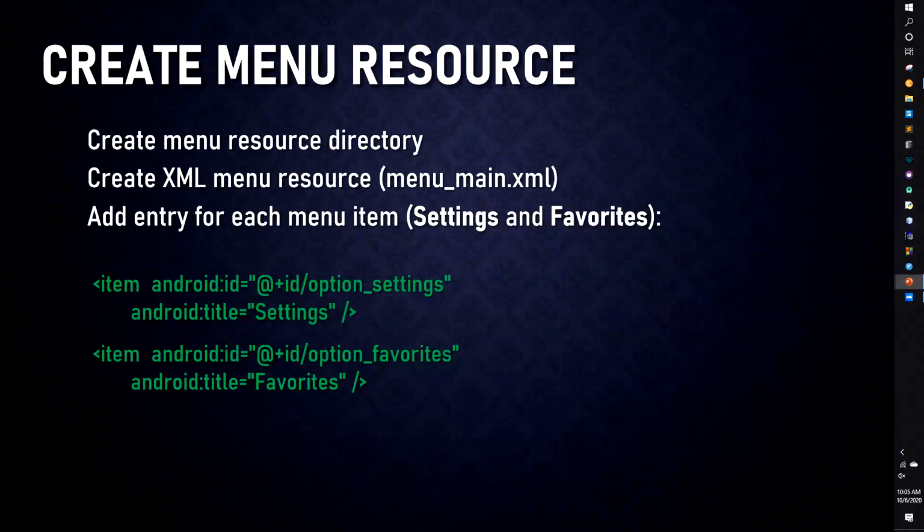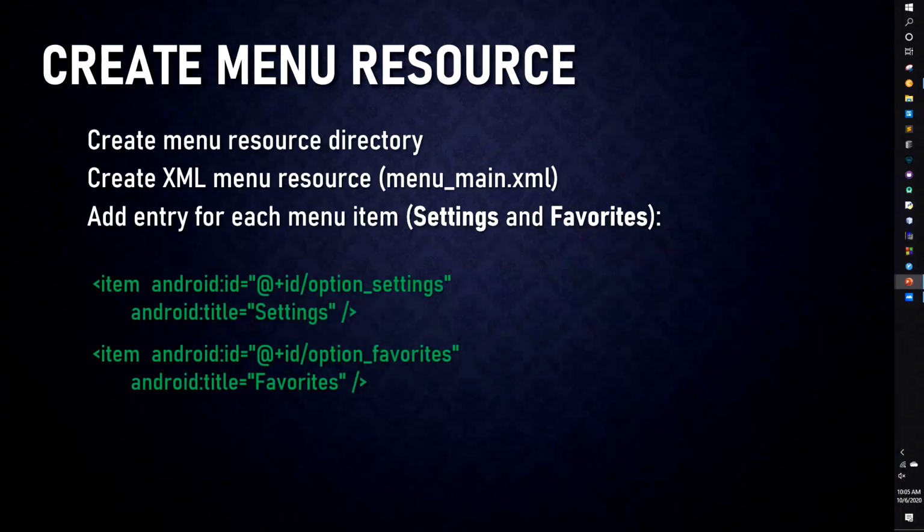So the first thing is to create the menu resource file inside the menu directory. And once you created that, you create a list of items so that you can display them in your app bar. Here, for example, you have 2 items, setting and favorite.